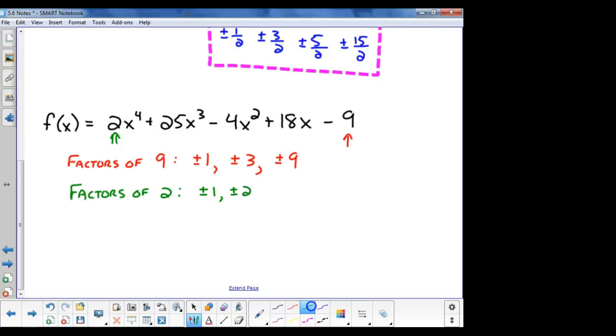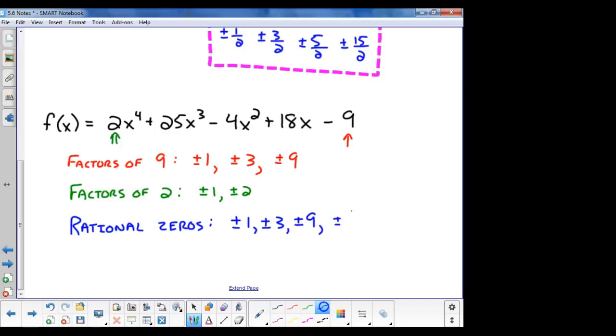Okay? So now I take all the red numbers and I do what with them? I just basically rewrite the red numbers first, right? Then I put them all over the second one, right?